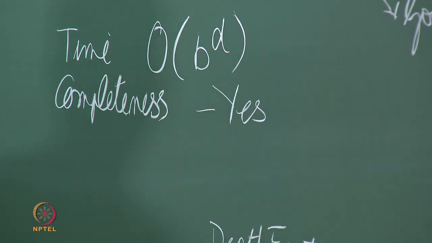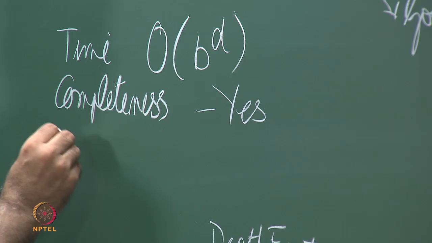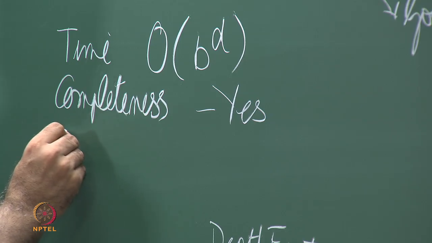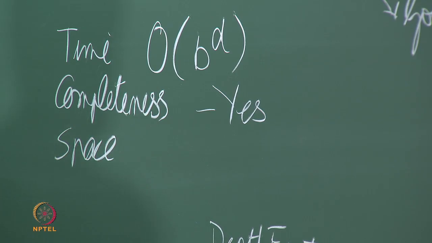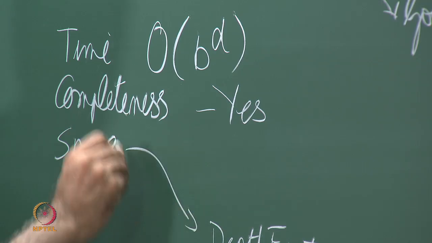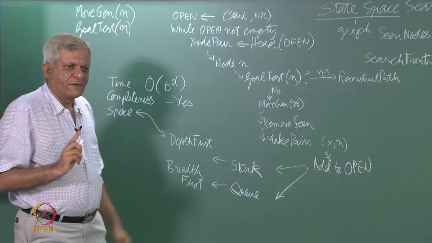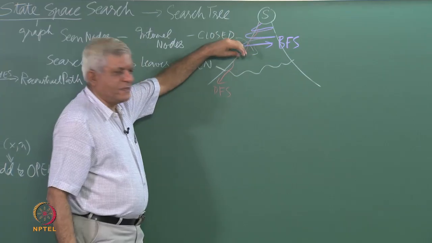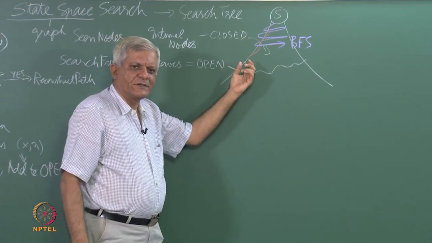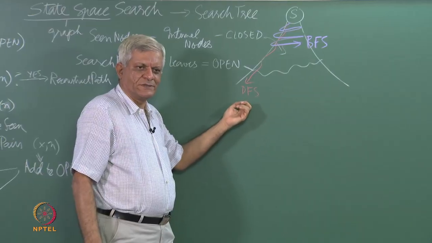Then we saw two more properties, one is space complexity, and we found that space was good for depth first because it adds only a constant number of nodes as it goes down.